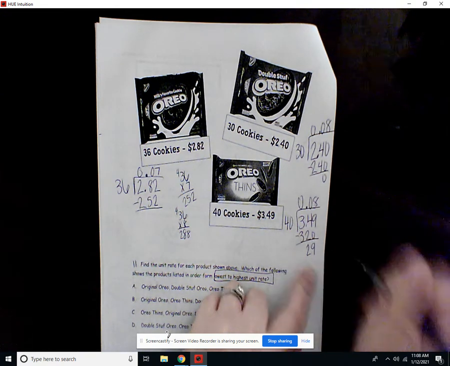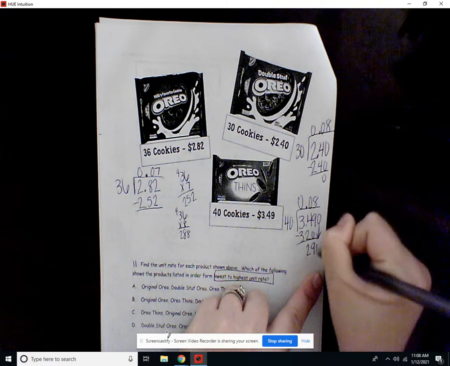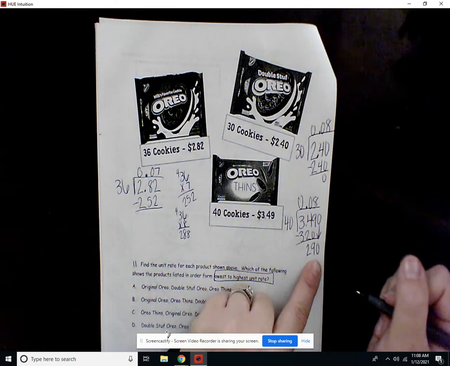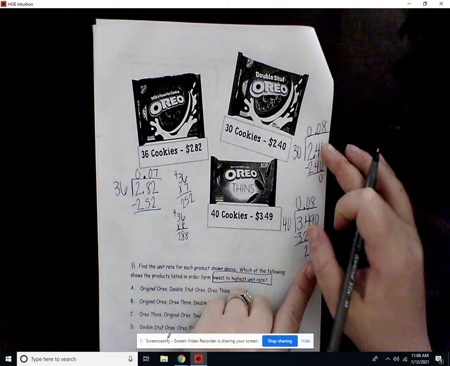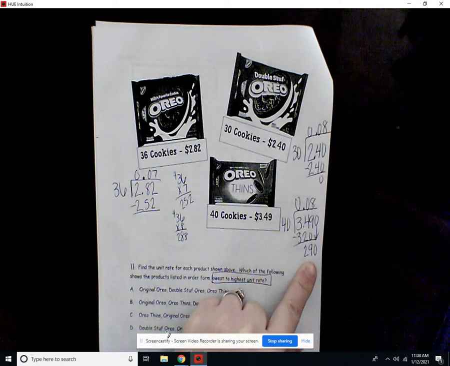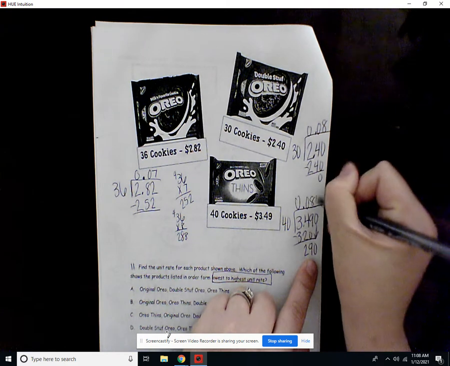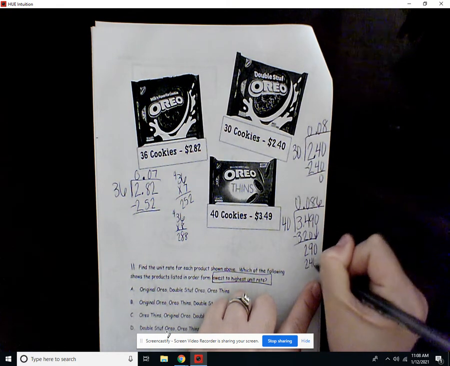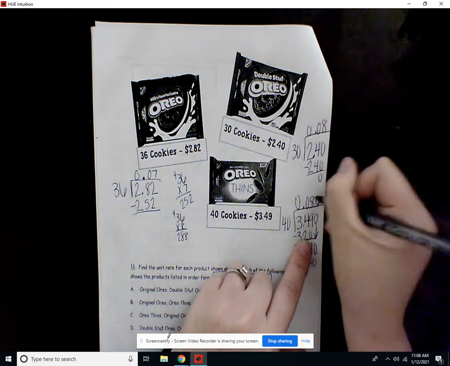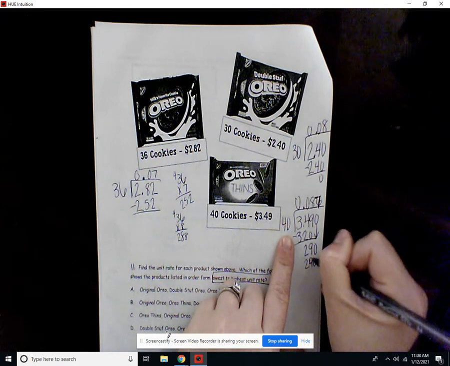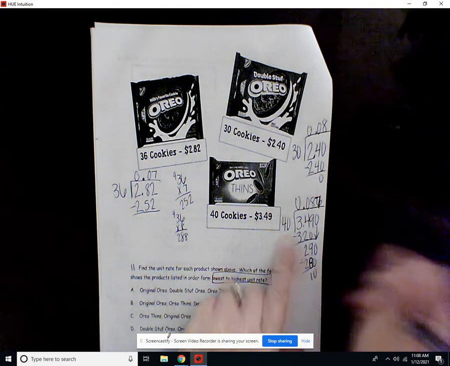Subtract, we get 2 and 9, add a 0. 40 is going to go into 290. And the reason we're going is because when above it is the same, so we've got to know what's the difference. So 40 into 290 is going to go in there 6 times. Nope, sorry, 7 times. That's 280. And then we're going to stop.